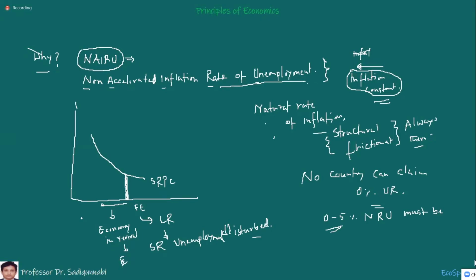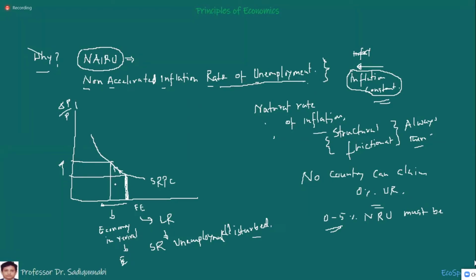So if employment is created, that means we are moving from here to there. Okay. So we should move in this direction. Suppose here our employment is there. That means we are tolerating some inflation. So this much inflation is there. So this is percentage change in price. Okay.